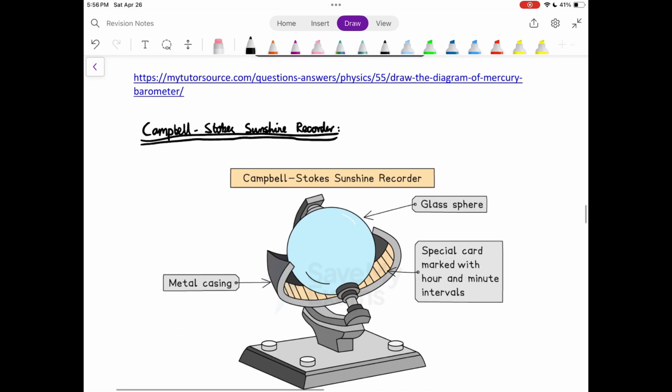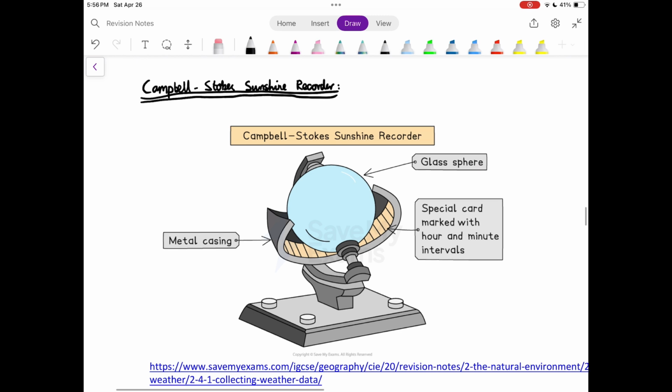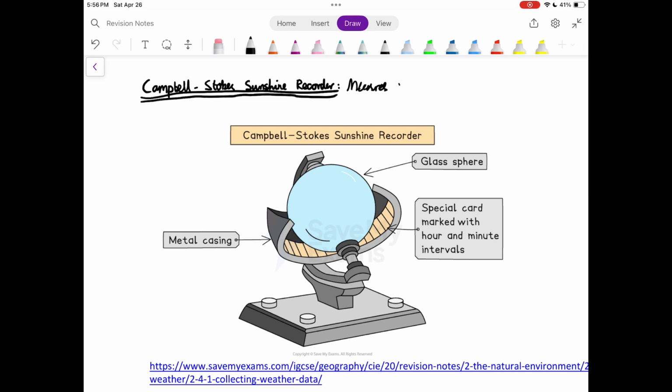So next we're going to be looking at a Campbell-Stokes sunshine recorder. And basically what this is, it measures the length of sunlight in a given period of time.